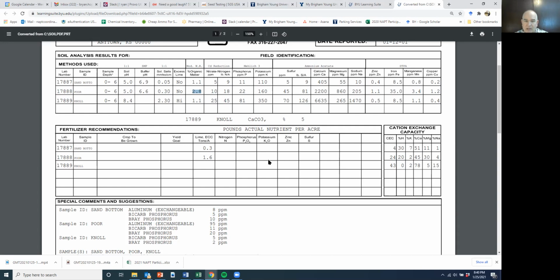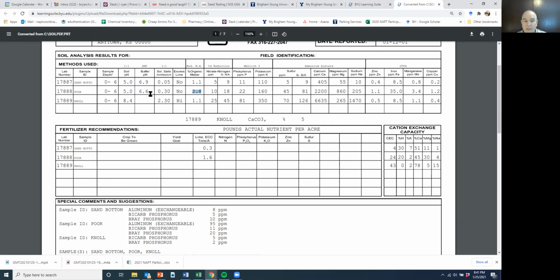So here's the bottom line, and you'll need to know this for one of the questions in the unit quiz: a CEC that's low means it's not very buffered against change. It'll change really easily, so it doesn't take very much limestone to raise the pH. And you can tell by the buffer pH. When we added this buffer to it, it raised the pH higher for the sandy bottom field because it's not as buffered against change.